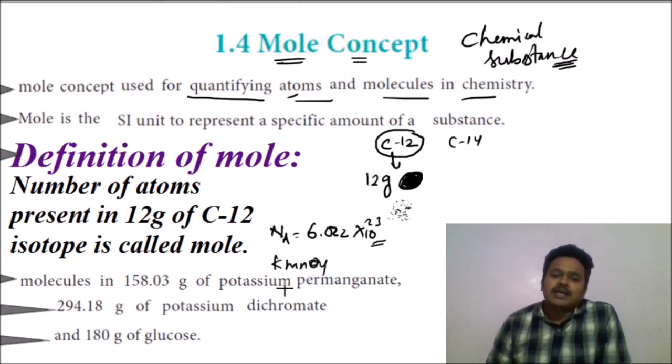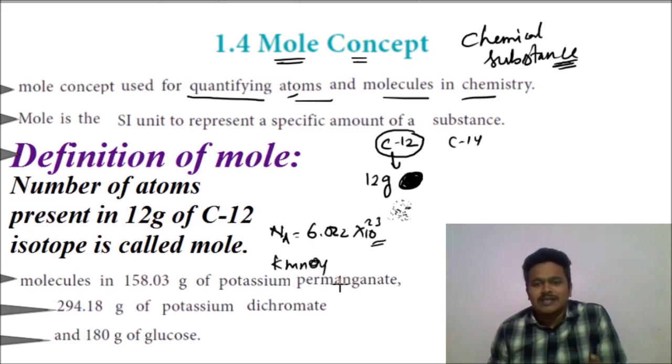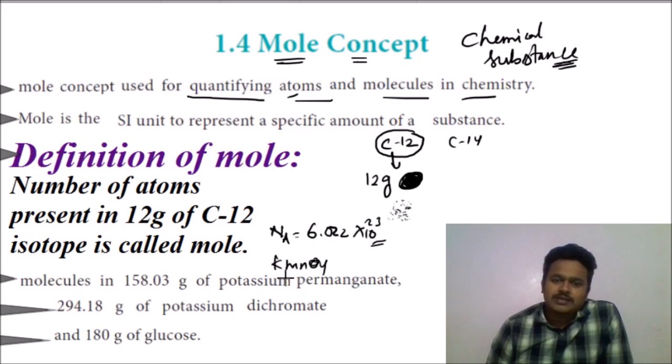If you take 158.03 grams of potassium permanganate, it contains some number of molecules, and that number is also equal to 6.023 into 10 power 23. So that number of molecules is also called a mole.